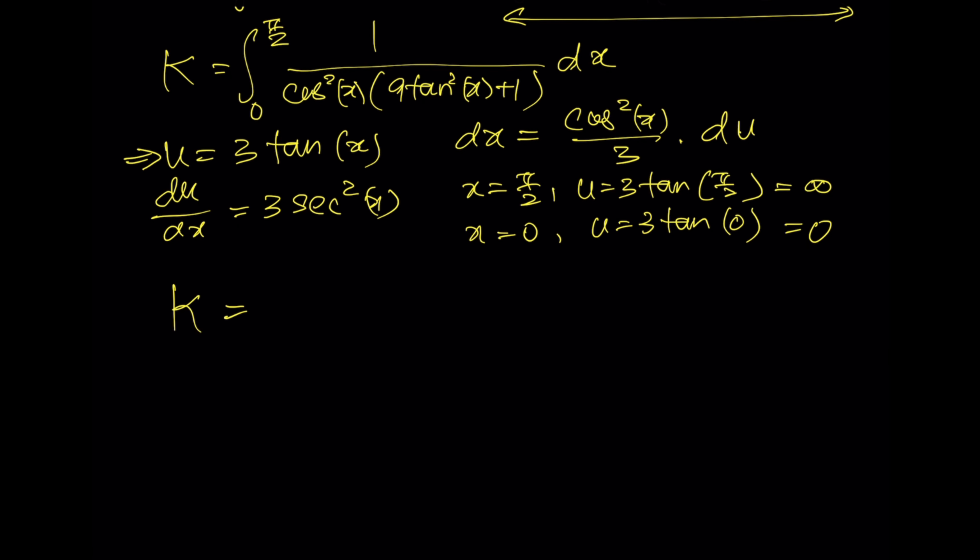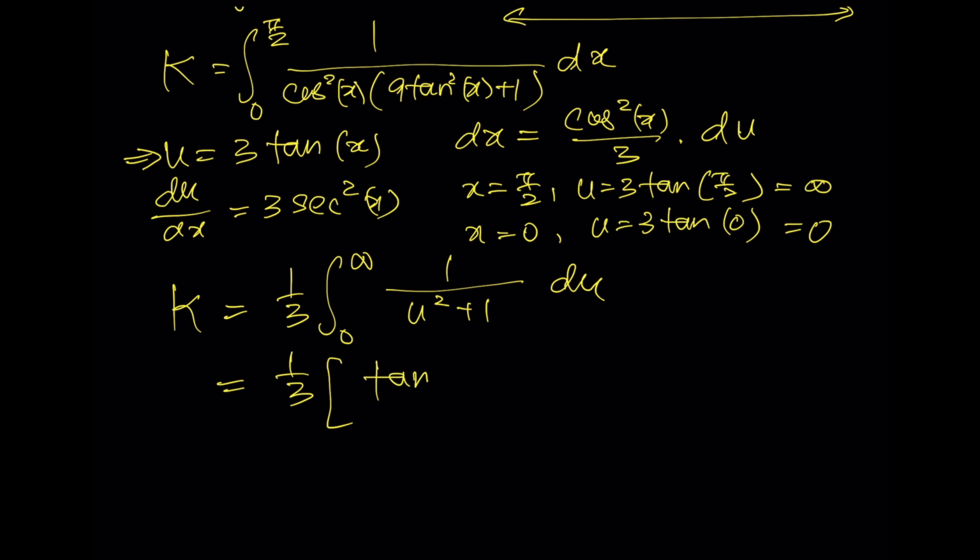From here we obtain k equals to 1 over 3 integral 0 to infinity 1 divided by u squared plus 1 and then du, which is equals to 1 over 3 and then multiply inverse tangent infinity minus inverse tangent 0. We know inverse tangent infinity is pi divided by 2 while inverse tangent 0 is 0, therefore k is equals to pi divided by 6.